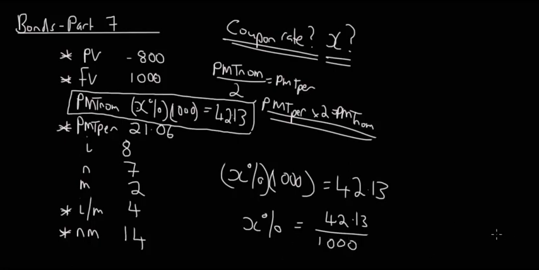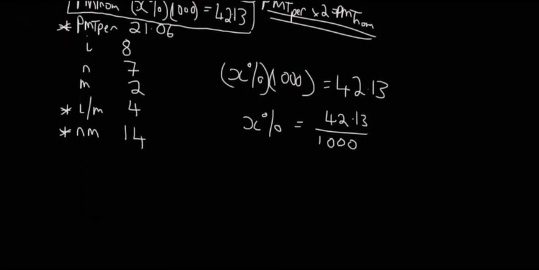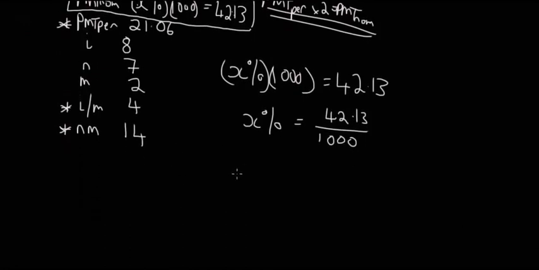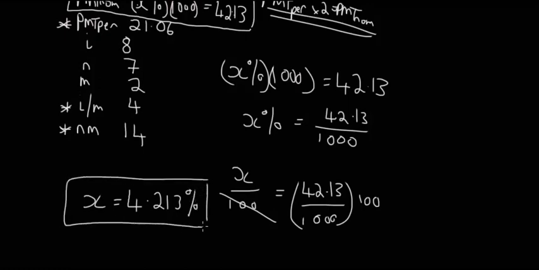And obviously we know, let's just scroll here a little bit, that X% is X over 100, or we could just do this, equals 42.13 over 1,000, and then we'll just multiply that through by 100 to get rid of that. So X actually comes out at 4.213%, and that is the coupon rate that is quoted on this bond.